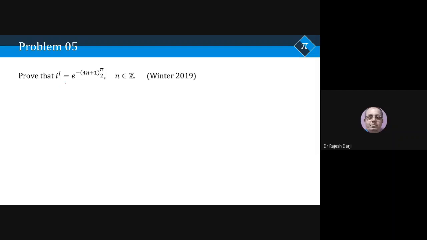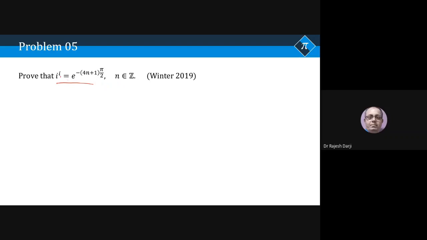The instruction is: prove that i power i is equal to e raised to minus (4n plus 1) pi by 2, for n belongs to Z.